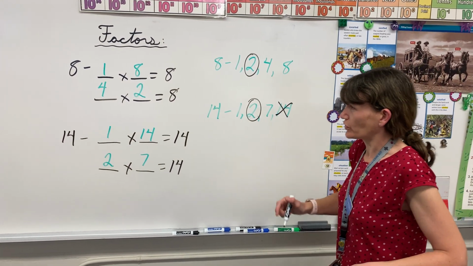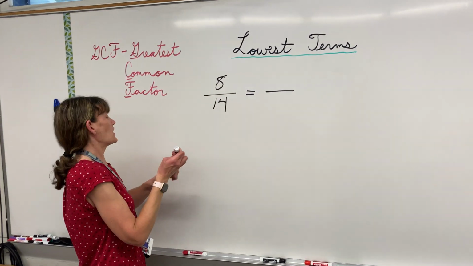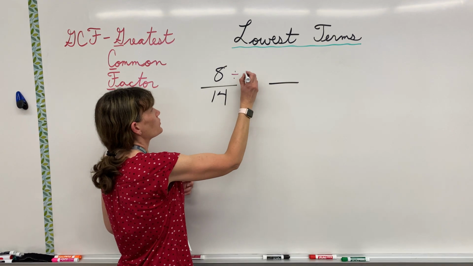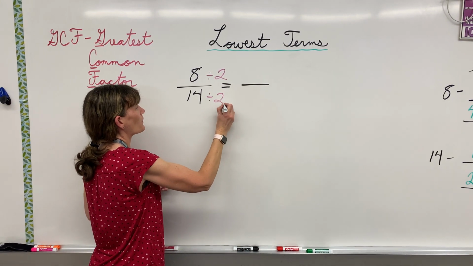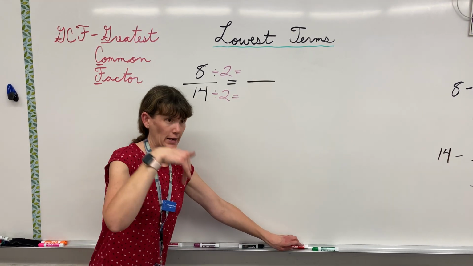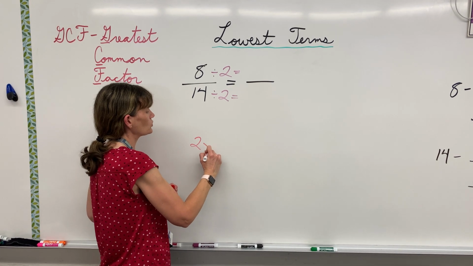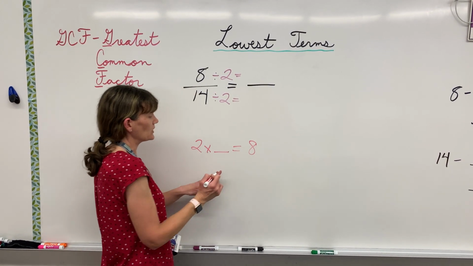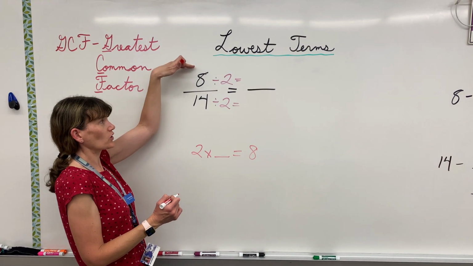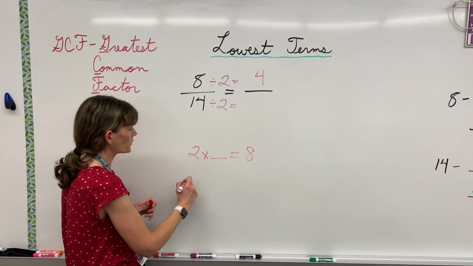So we're looking at 2. So let's take our 2 back over to this side. And because we are looking for the lowest number possible, we're going to be doing division. We're going to be bringing it down. Right? So we can think of 2 times what equals 8. That's our fact family, or 8 divided by 2 is what? And in that case, it's 4.